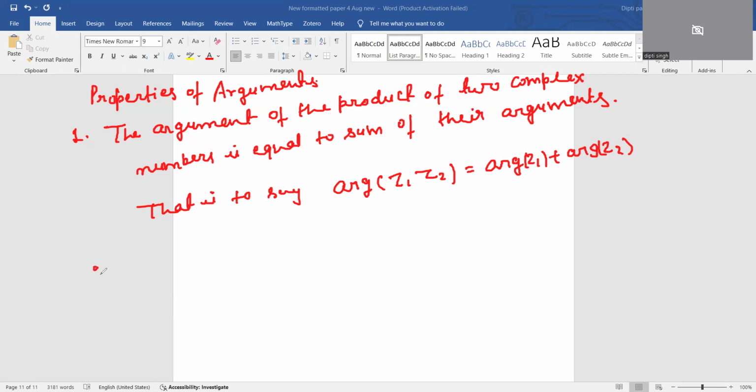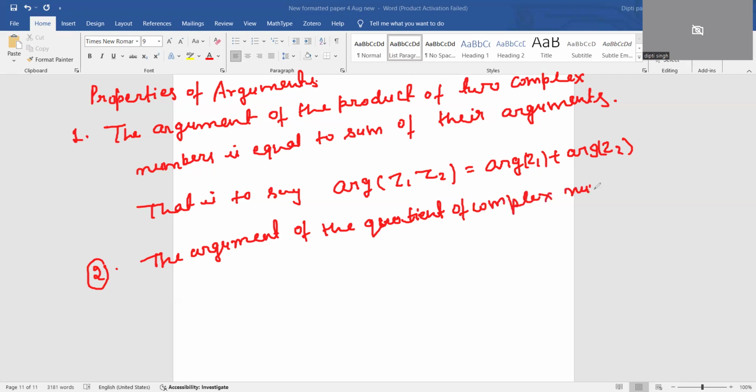Second one, the argument of the quotient of complex numbers is equal to the difference of their arguments.